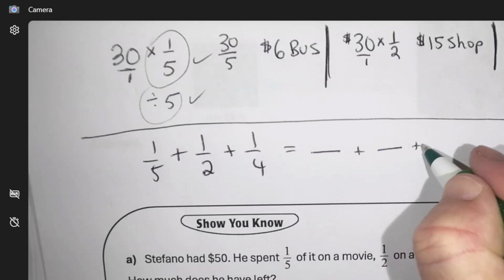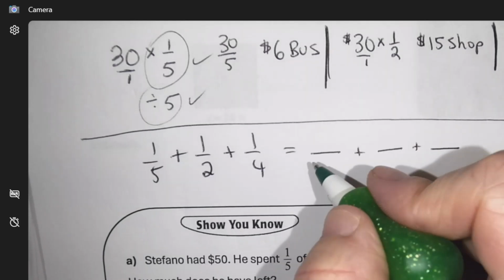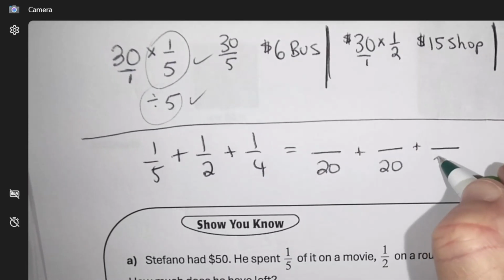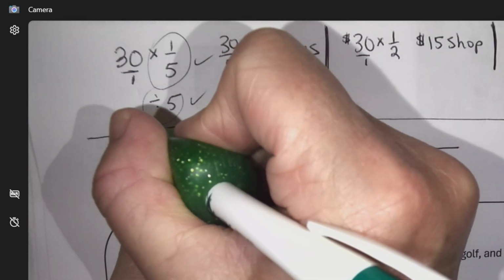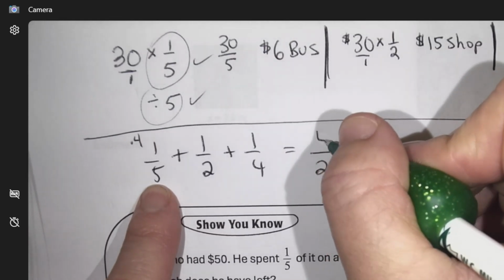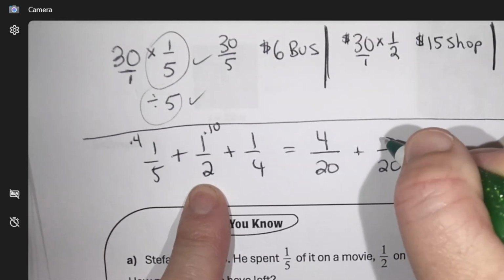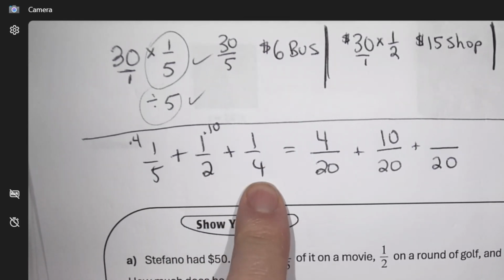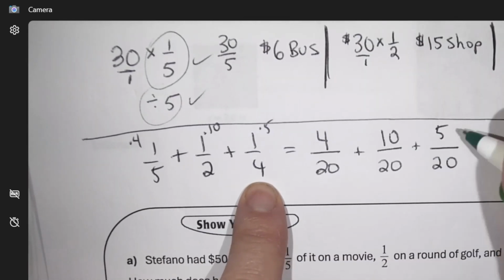Now we have to find a common number between 3 things. 20 is going to be the one we're picking for all of them to work. So times by 4, times this one by 10, and times this one by 5.